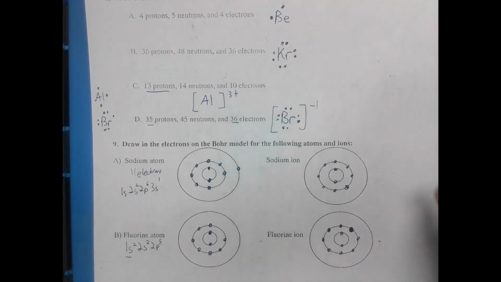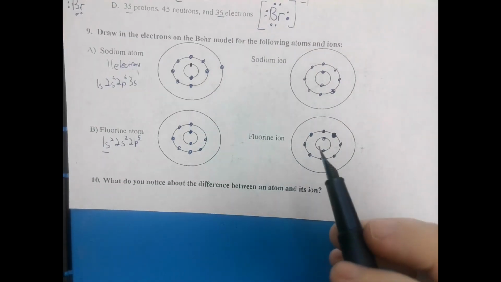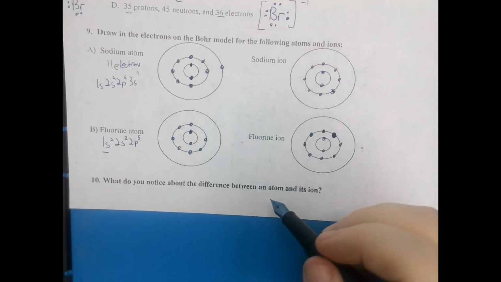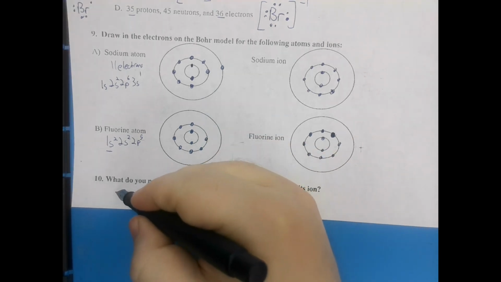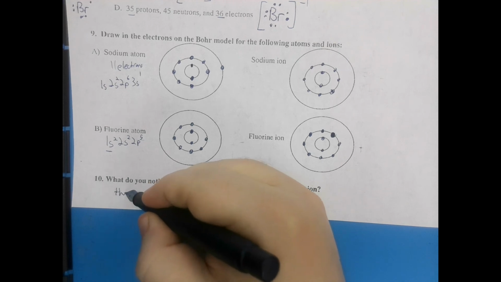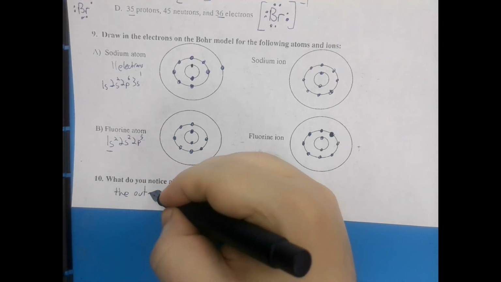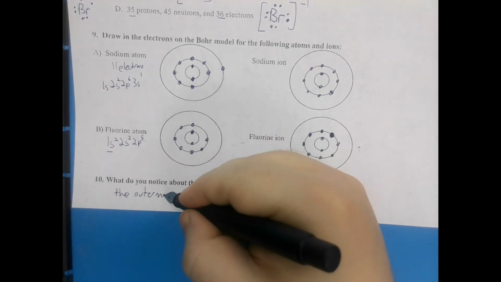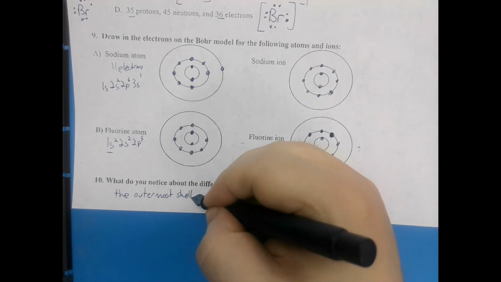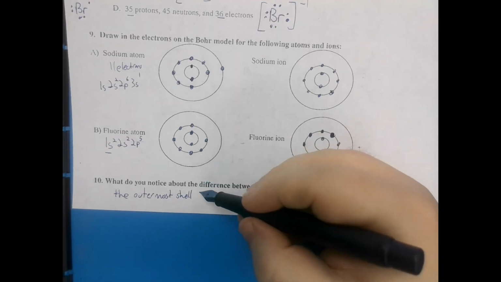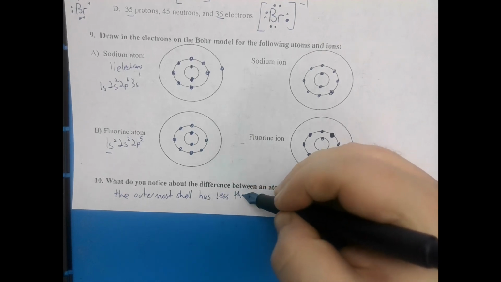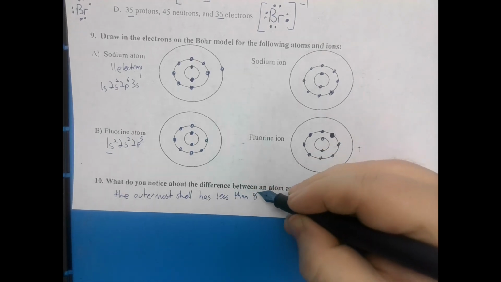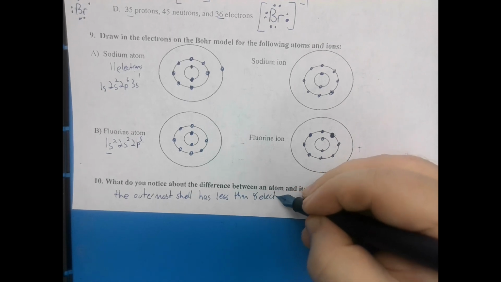So what do you notice about the difference between an atom and its ion? The outermost shell has less than 8 electrons.